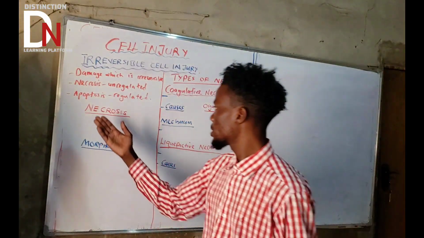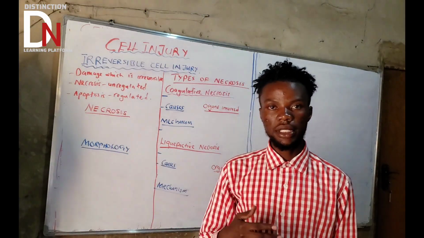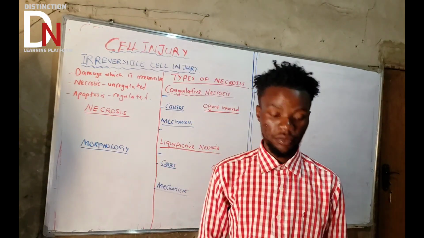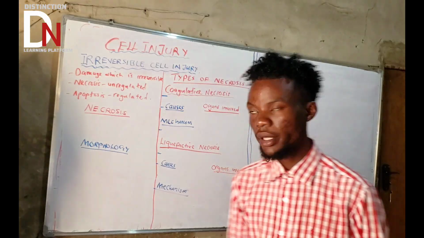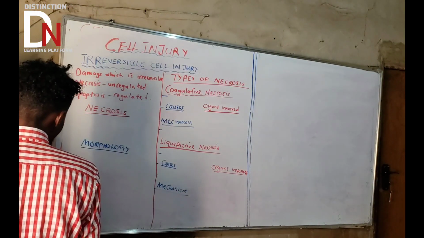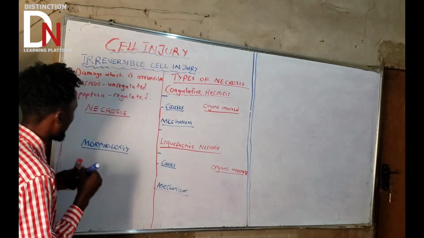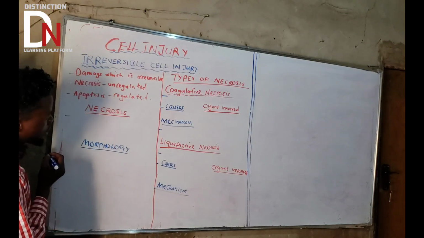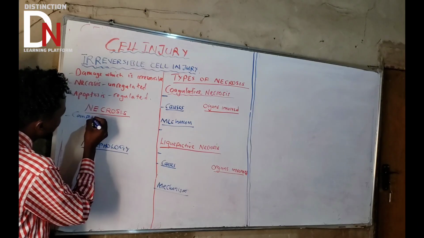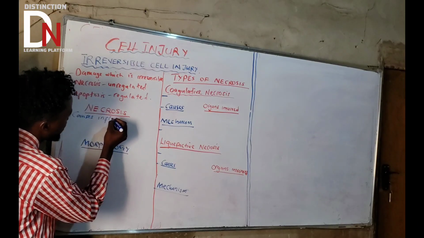We know that it's a type of cell death that is unregulated. If something is unregulated, it can cause inflammation. So let us put something important here: a type of cell death that is unregulated. If it is unregulated, what can it cause? It causes inflammation.